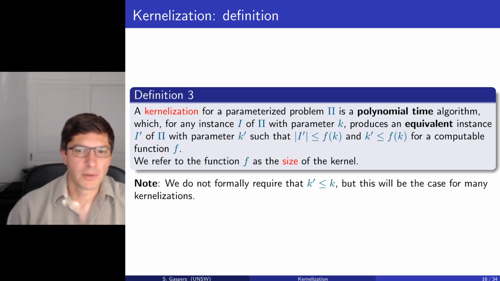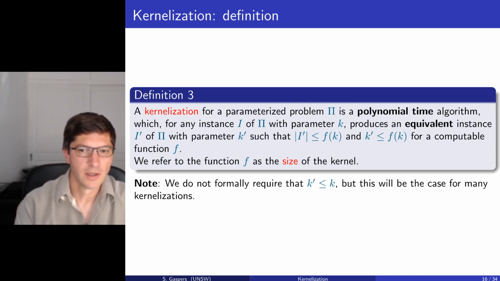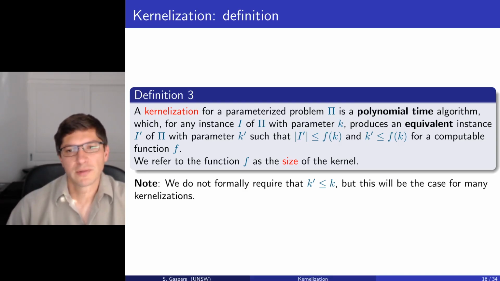We do not formally require that k prime is at most k, but this will actually be the case for many kernelizations. So we observe that for the VC preprocess algorithm, k prime never increased, so we had automatically that k prime is at most k, and this is the case quite often.